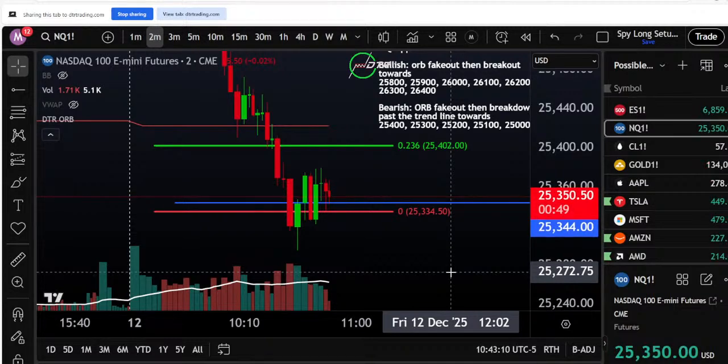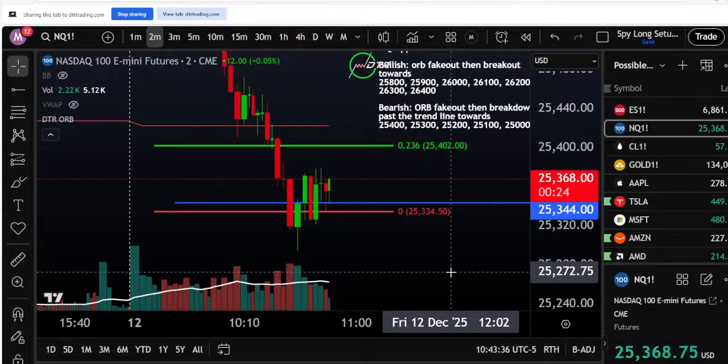Don't like this pullback. Go, go, go. There it goes. Keep pushing. Let's go. Get through 70 now. Nice and strong. So far, so good.